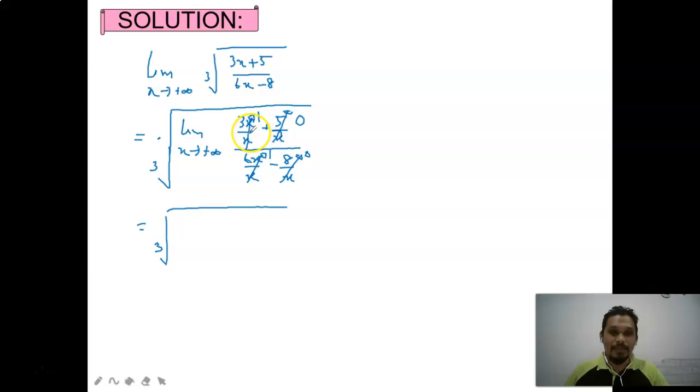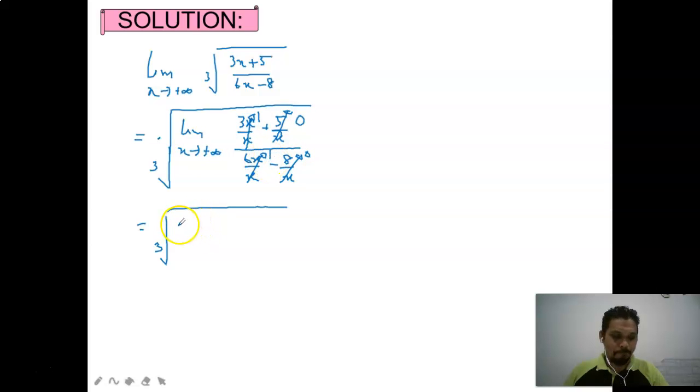Okay, so I'll show you that we are divided by x with every single term that we have here, and the x divided by x equal to 1, 5 over x when x approaching to positive infinity equal to 0, and 1 here.